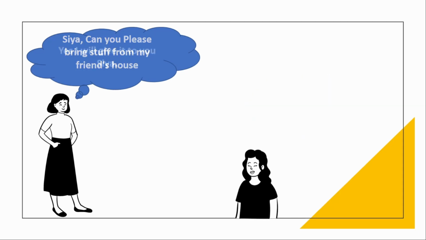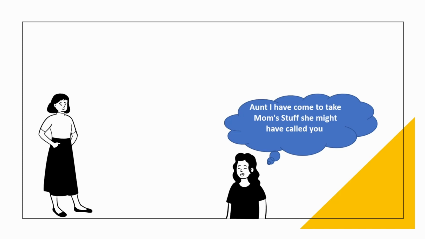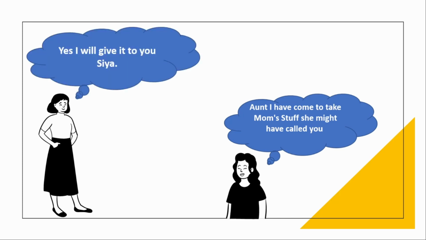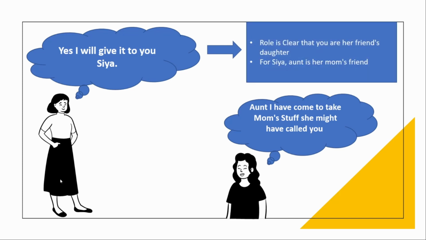Then she goes to her aunt and says, Aunt, I have come to take mom's stuff, she might have called you. The aunt says, yes, I will give it to you, Sia. Now the role is very clear here. For this lady, this person is her friend's daughter, and for Sia, this person is her aunt, her mom's friend. That's the reason they can communicate with each other.